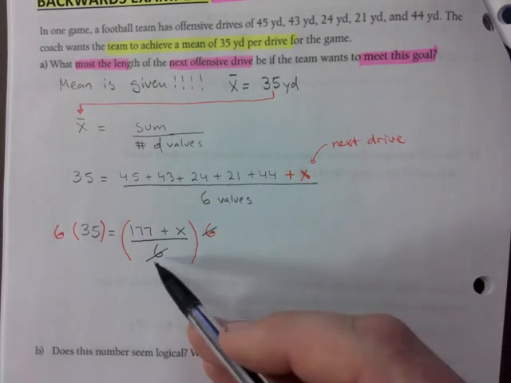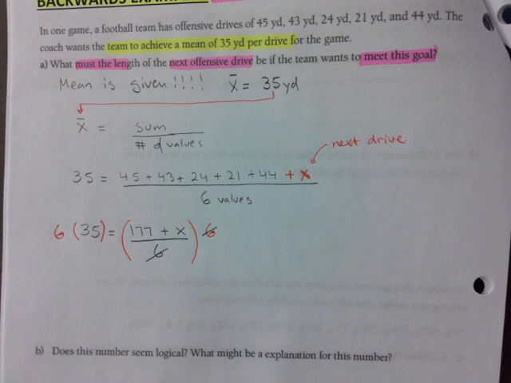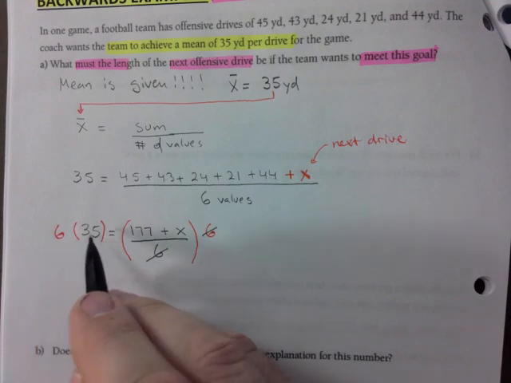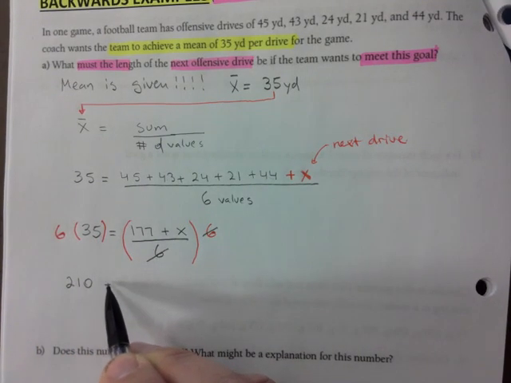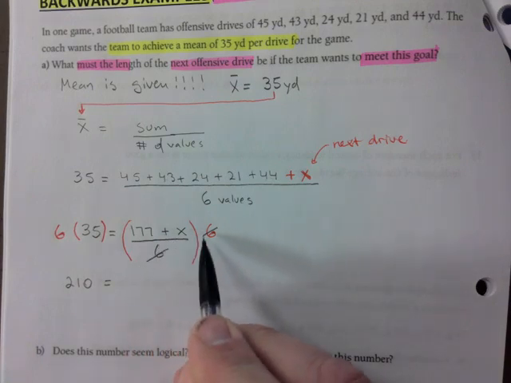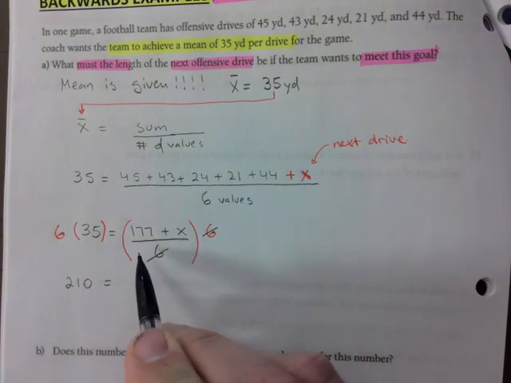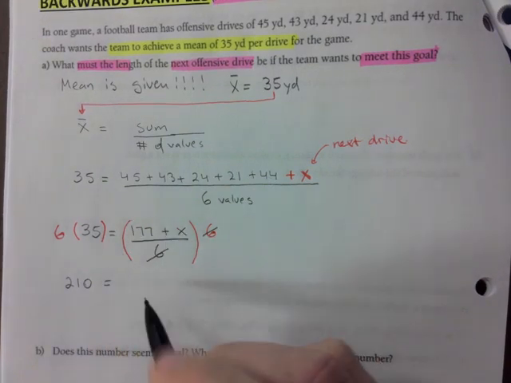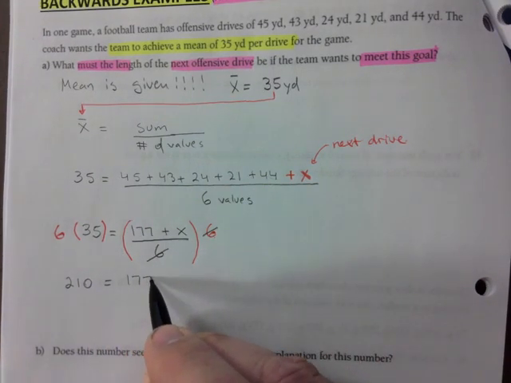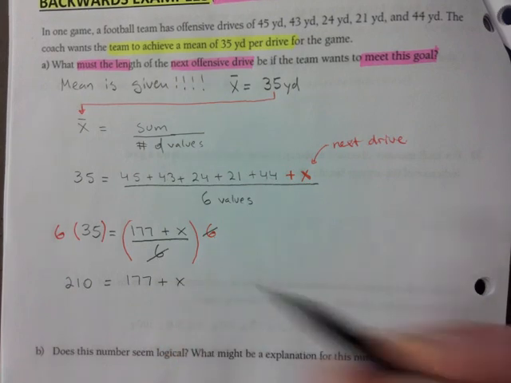It's 6 divided by 6 is 1. There's just a 1 there, which we don't care about. Some teachers are very particular with that. I'm okay with you canceling. It's so satisfying, right? 6 times 35 is 210. And now you're freed of these brackets that I introduced, because I just used them to show you that 6 multiplies this whole thing. So you're left with 177 plus x.